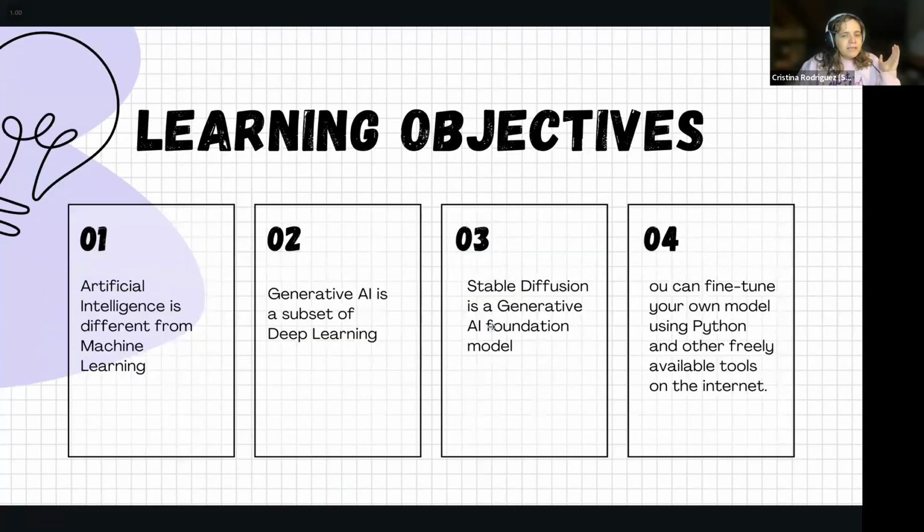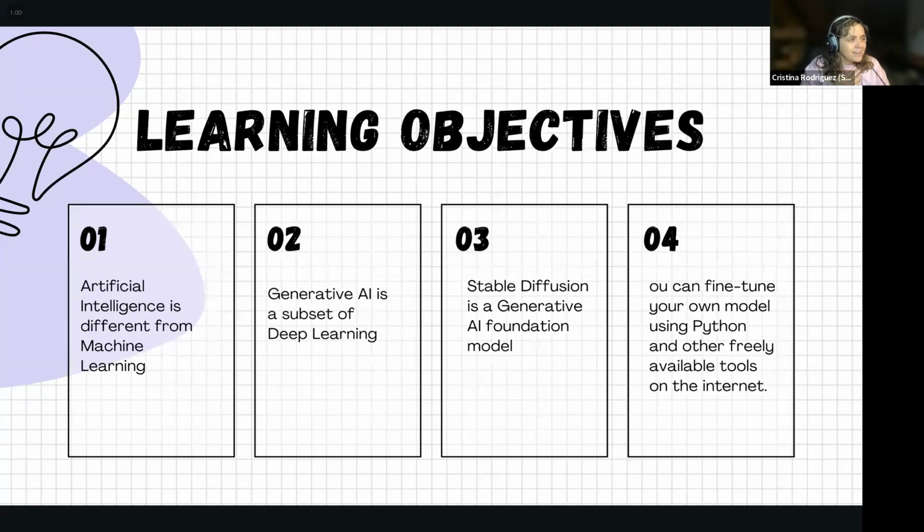A little about learning objectives. I will show you how to train a generative AI model and how to use it in a project. But for me, that's not the biggest learning that you will get at the end of this workshop. I have a particular interest that you understand the difference between artificial intelligence and machine learning, because I see a lot of people using these terms interchangeably and they are not.